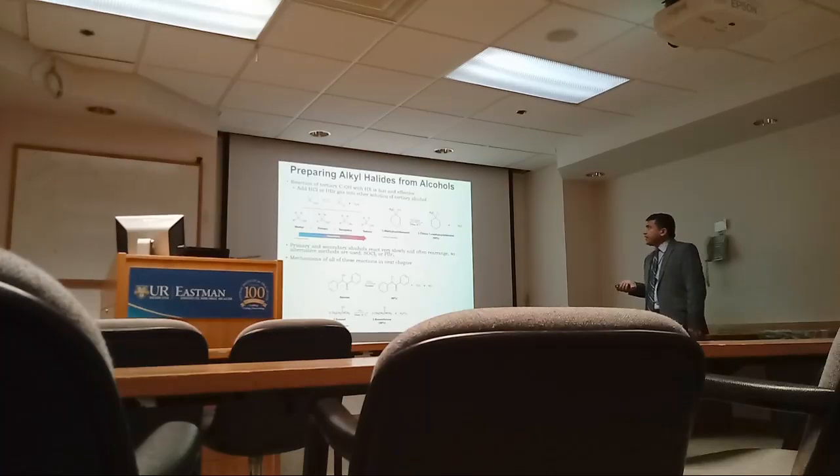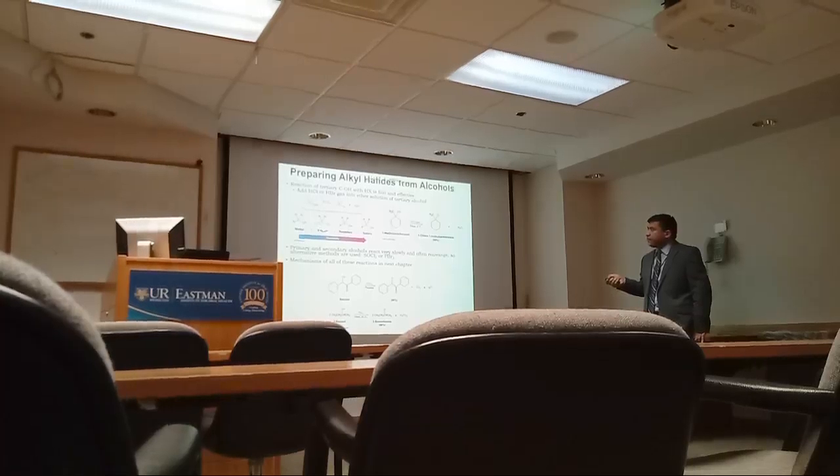And then preparing alkyl halide from alcohol, the same happens with the alcohol. If you have an OH group making this alcohol, for example, here we have this methyl alcohol, and then we have an alcohol with a radical group. Since we have one radical group only for this carbon, that's why it's called primary alcohol, secondary alcohol, and then tertiary, right?